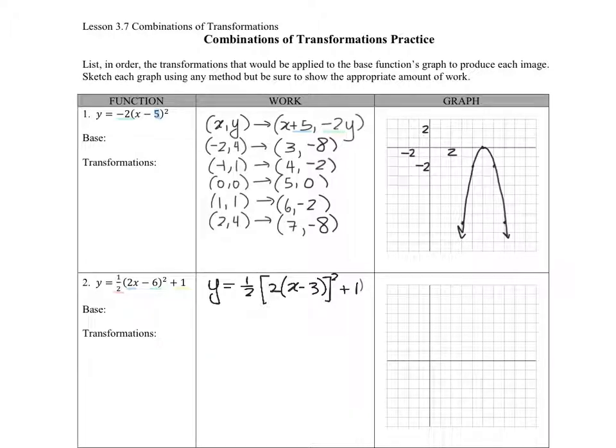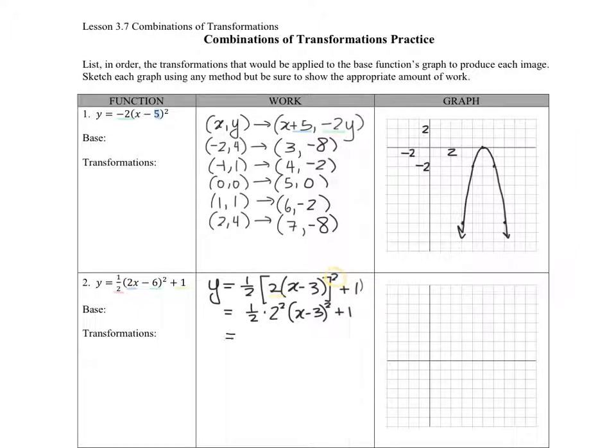And then what I'm going to do next is this 2 squared here, I'm going to bring out that 2 squared so that I end up with half times 2 squared times (x minus 3) squared plus 1.